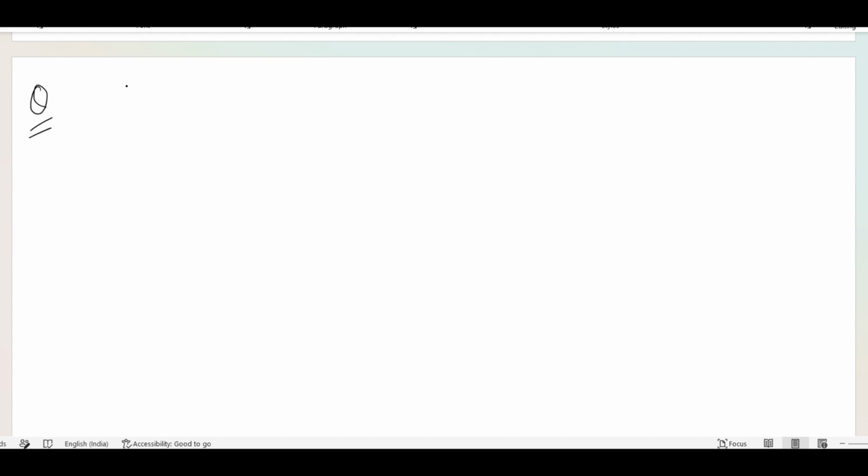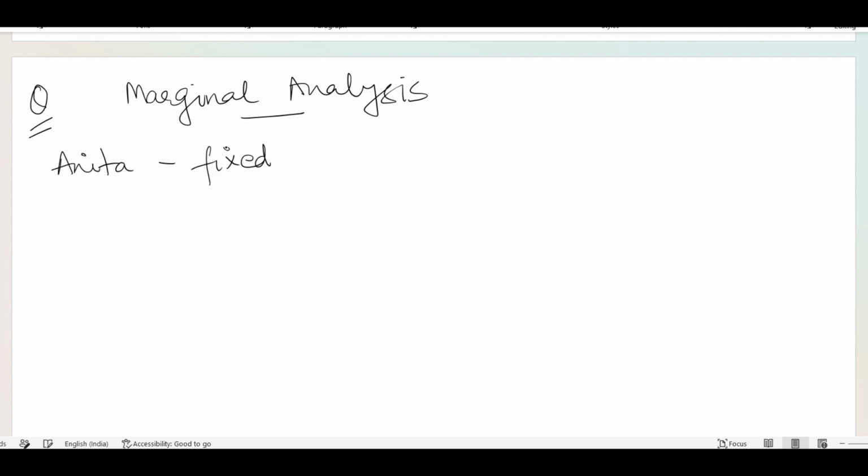So it's a question on marginal analysis. Let's say that Anita has a fixed budget, which is equal to, let's say, $20. And she spends on two goods.